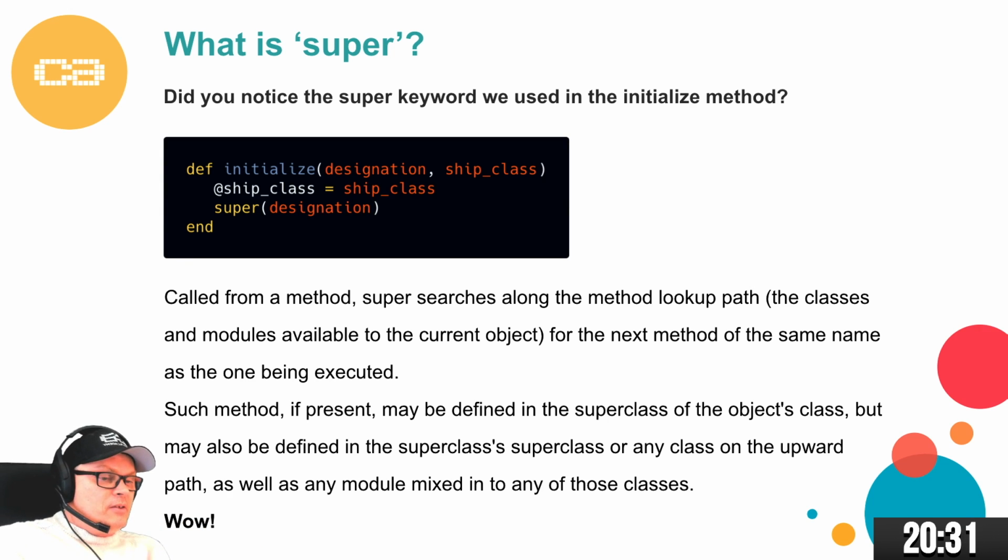The class thinks, there is no such method inside of me, but does my ancestor have a method like this? In this case, we are passing this designation to the initialize method of the Starship class, if we're calling that from the Federation starship.